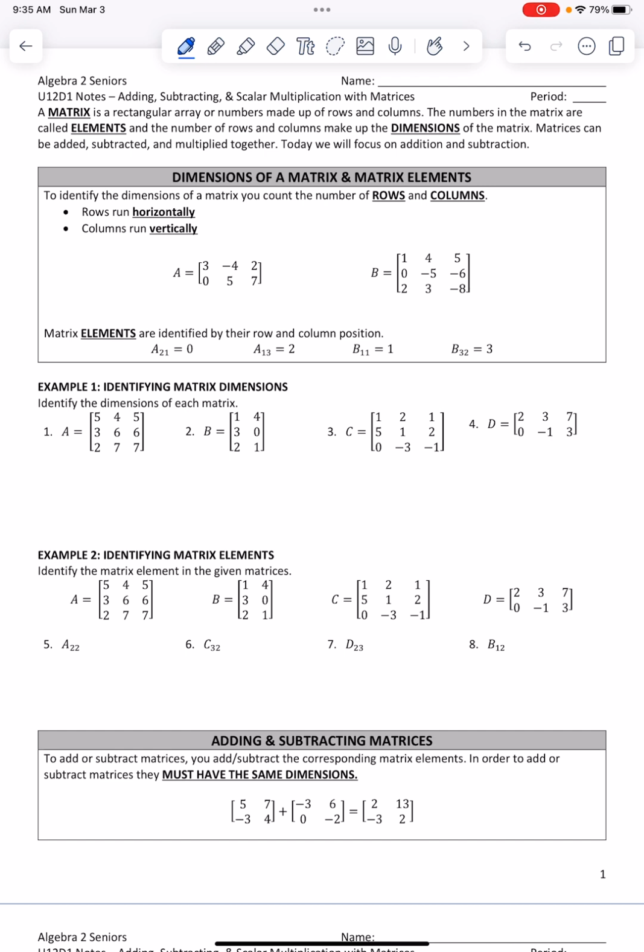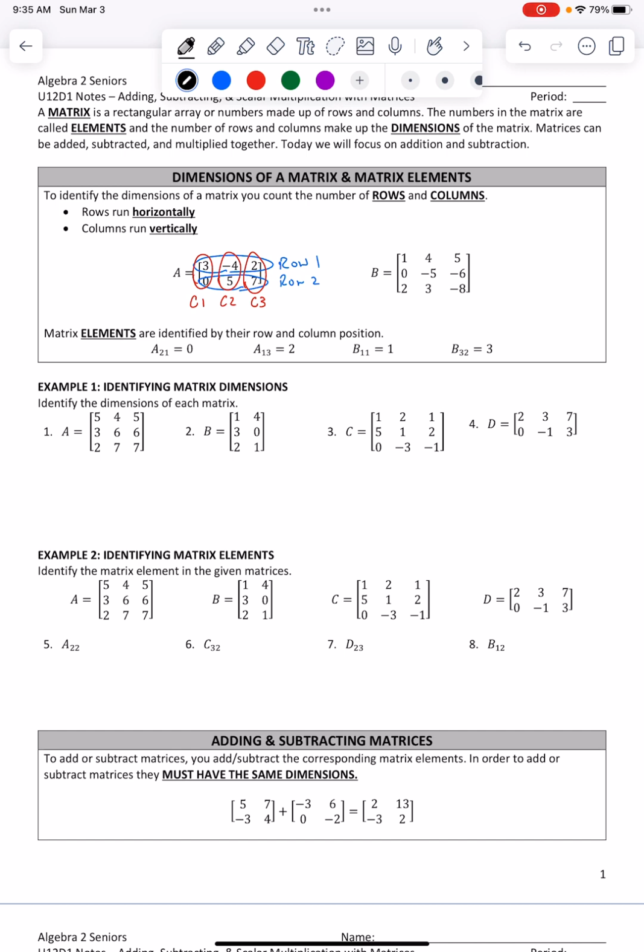So for dimensions, you count the number of rows by the number of columns. Like for matrix A, there are 2 rows, row 1, row 2, and then there are 3 columns: column 1, column 2, column 3. The way that we write our dimensions is number of rows by number of columns.